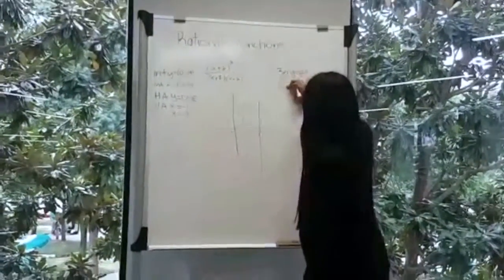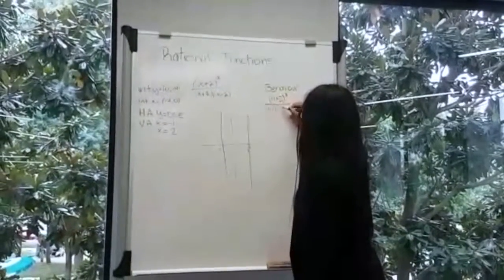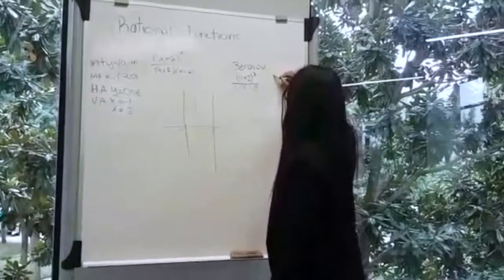Now we have to find the behavior of the graphic, so we substitute the x with minus 1.1.